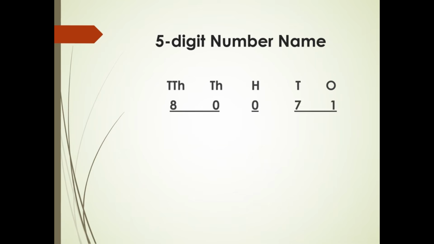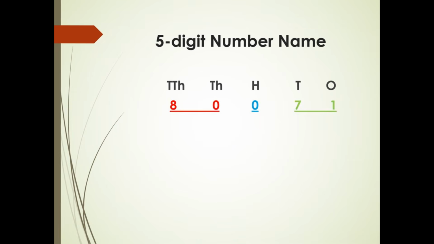Just like we did in the case of a 4-digit number, we take an example with 0 in the hundreds column. The number will be named the same as we did earlier.